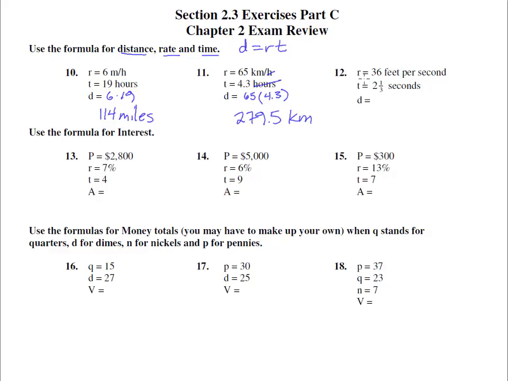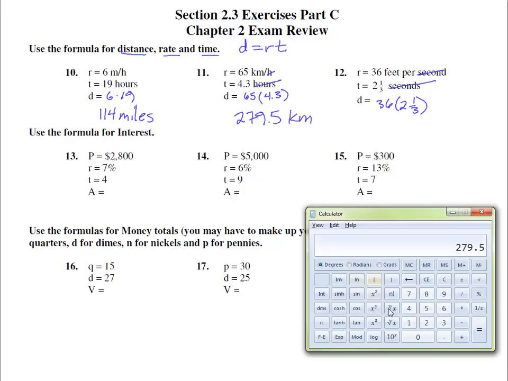Number 12, the rate is 36 feet per second, 2 1/3 seconds. So seconds will cancel when we multiply them. 36 times 2 1/3. Let's punch that in on a calculator. 36 times, I'm going to have to put this in parentheses, 2 plus 1 divided by 3, close the parentheses.